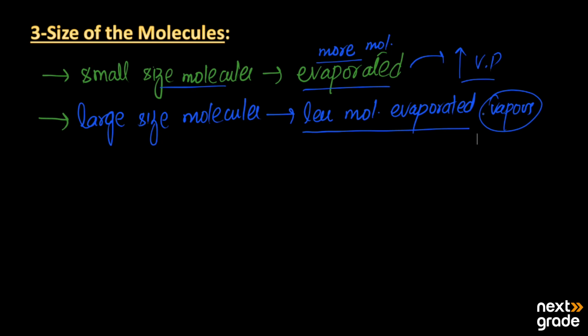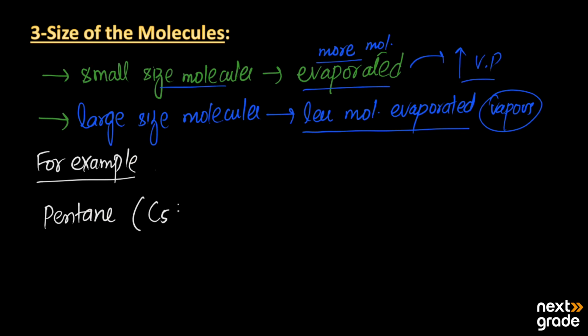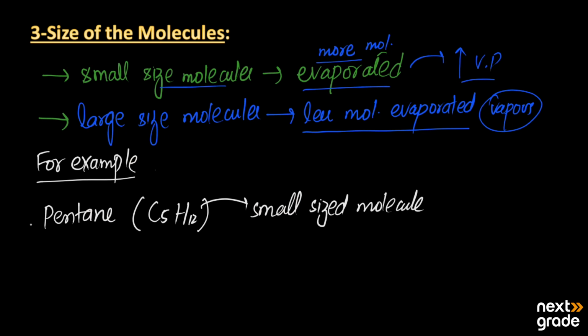For example, we have a compound, the liquid pentane. Its molecular formula is C5H12. It has small sized molecules. On the other hand, we have a second compound, decane. Its formula is C10H22.